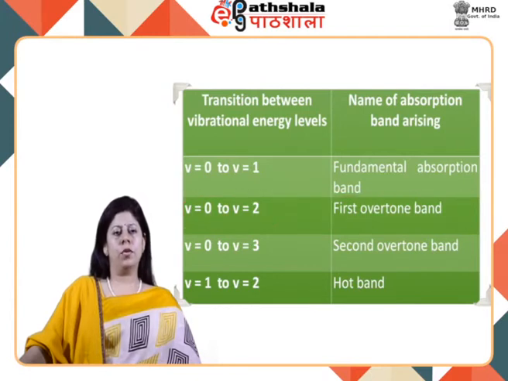The transition from V equals 0 to V equals 3 is the second overtone band, and the transition from V equals 1 to V equals 2 is the hot band. The intensity of the absorption bands decreases in the sequence: the fundamental absorption band is much greater than the first overtone band, which is greater than the second overtone band.